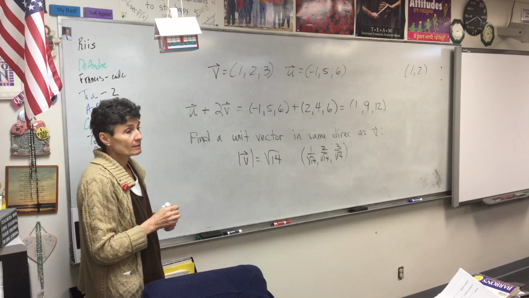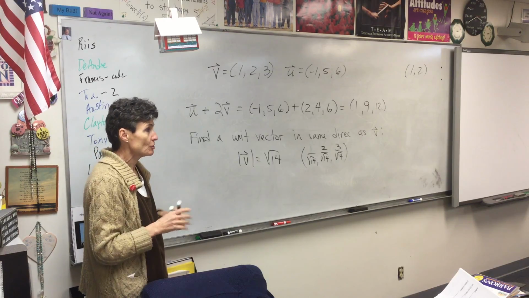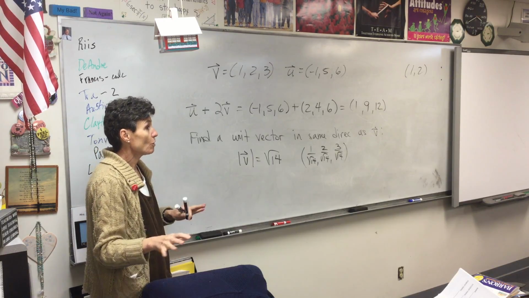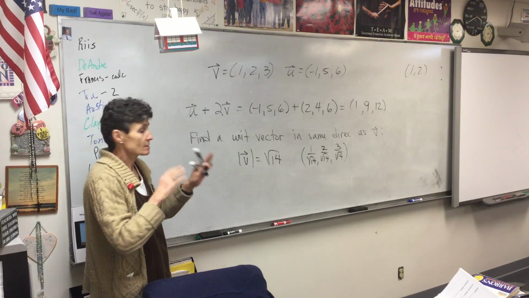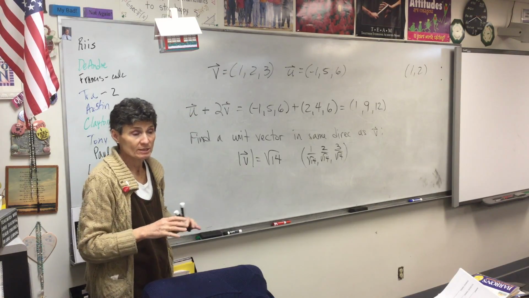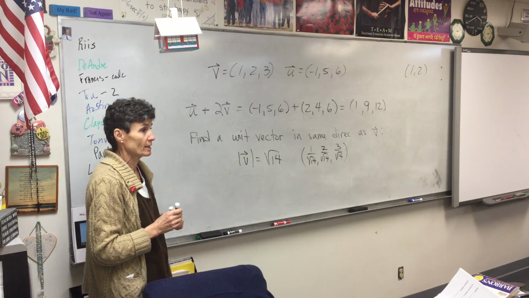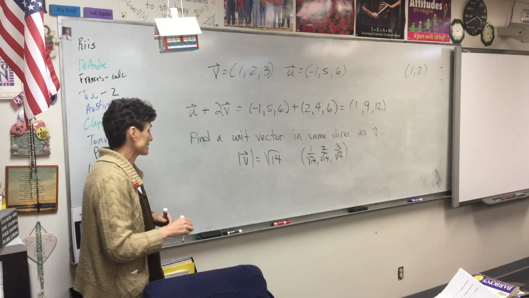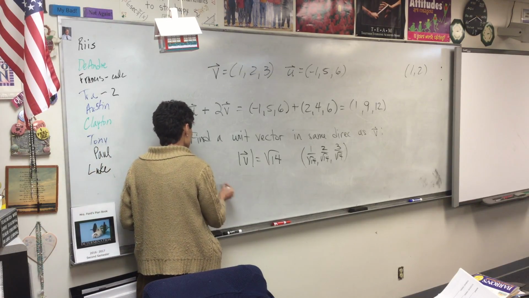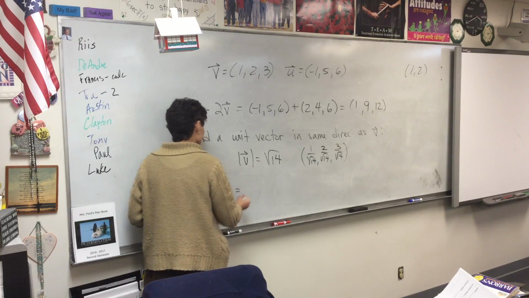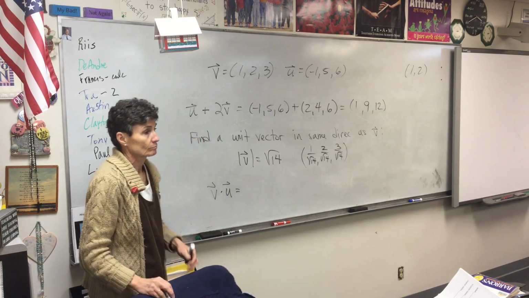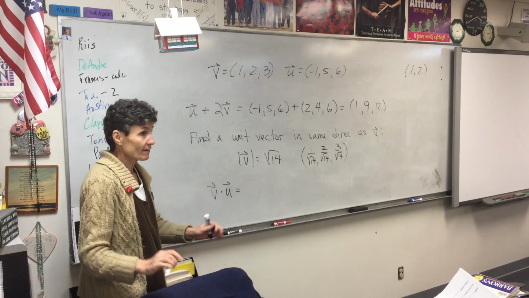I am not covering anything new here. I'm trying to show you that 3 dimensions is done just like 2 dimensions with very few exceptions. A couple of different things we'll have to look at, but most everything is the same. So if I said v dot u, how do I find the dot product?